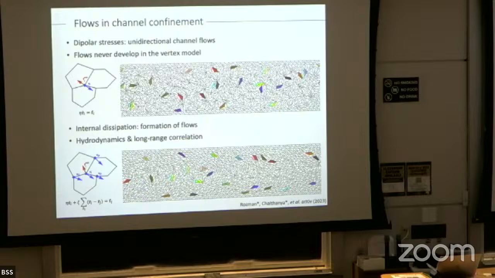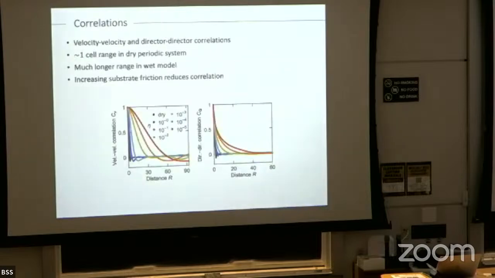You don't feel like this is just forcing the model to do the thing, this flow? Well, let's look at the correlations, right? Here's the velocity-velocity correlation. Here's what happens if you have friction. Here's what happens if you essentially put in a velocity alignment.